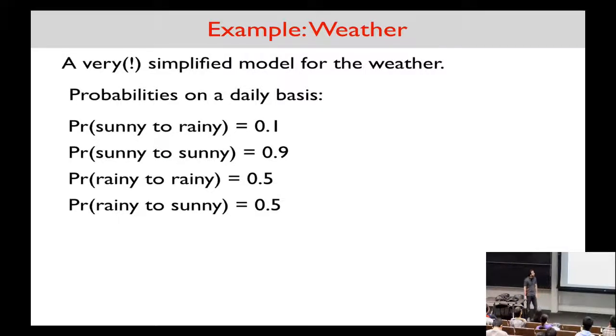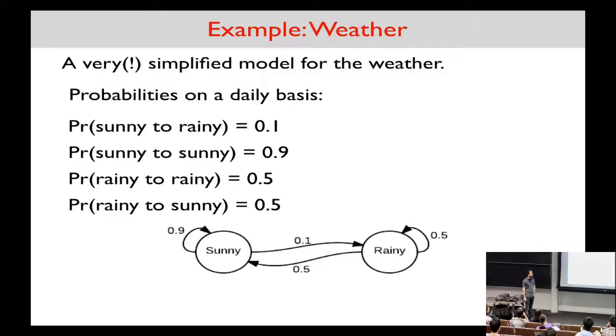Let me give you an extremely simplified model for the weather. Let's say that I observe the following probabilities. If it's currently sunny, the next day it's going to be rainy with probability 10%. If it's currently sunny, it's going to stay sunny with probability 90%. If it's rainy, it's going to stay rainy 50% of the time, and if it's rainy, it's going to become sunny 50% of the time.